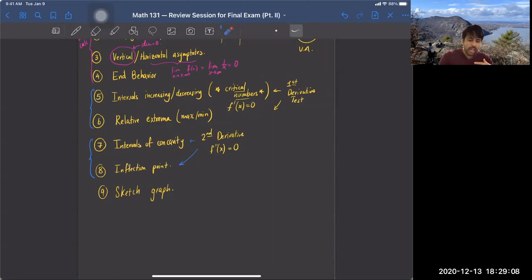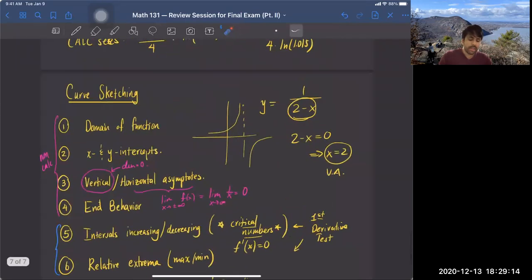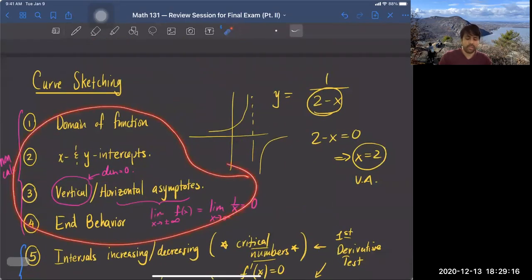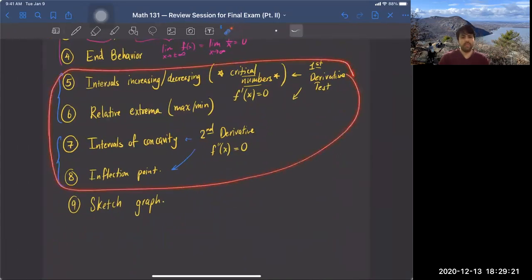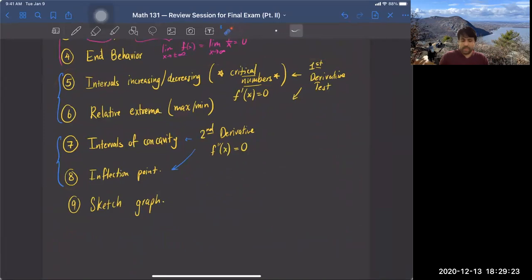This is the bigger picture here because we're dealing with calculus. This is pre-calc. This is more calc stuff. And if you can do this, then you don't have to really worry too much. And we've been doing this for the past 3-4 weeks. The same thing again and again.